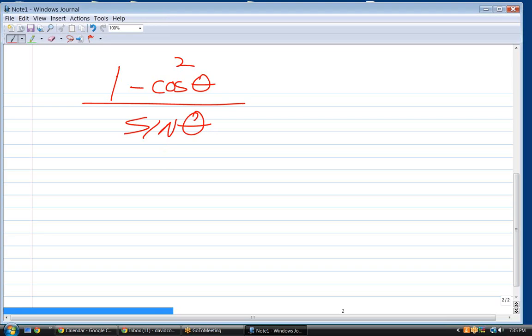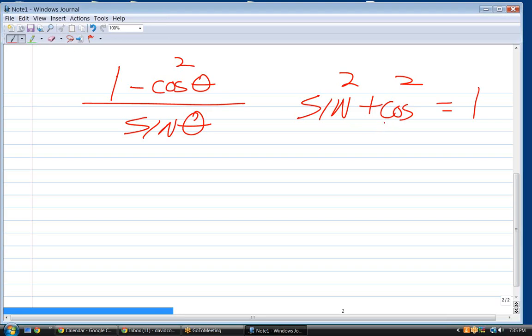The Pythagorean identities. Hold on, I'll go ahead and write them. Okay. Sine squared plus cosine squared equals what? 1. Okay. The problem is that when you're working with trig identities, you rarely see it as sine squared plus cosine squared. They're not going to make it that easy.